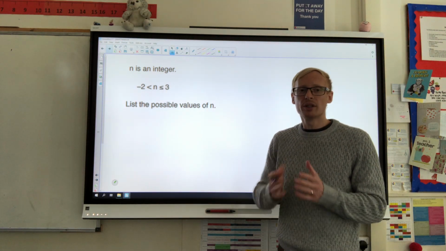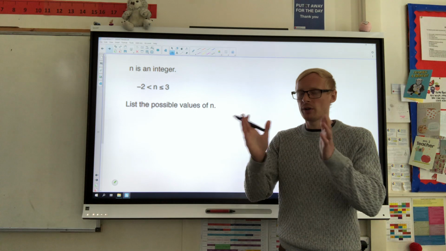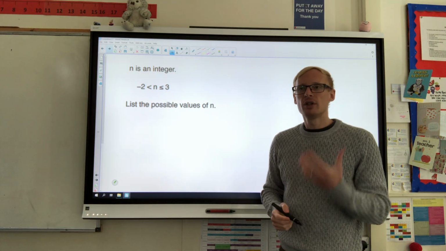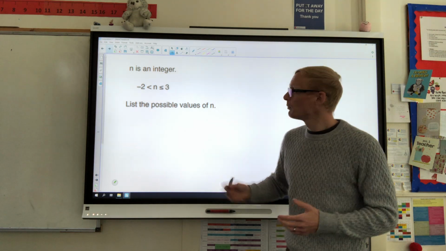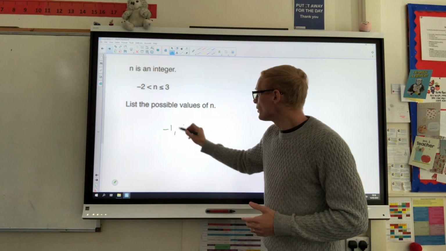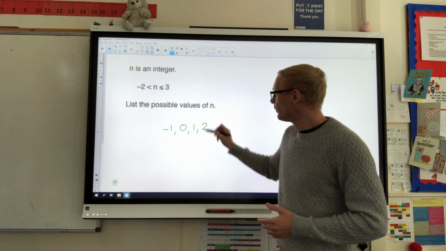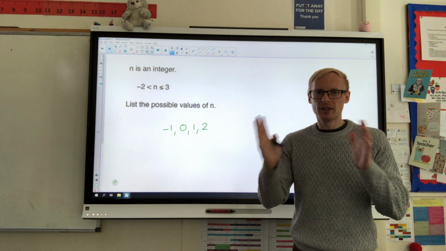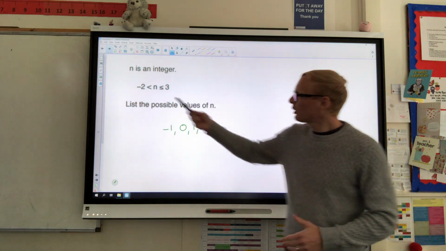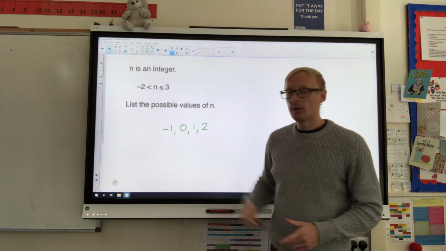And if you wanted to, you could display this on a number line quickly and just look at the numbers. But if we try and visualize what we're looking for here, we're looking at the numbers in between -2 and 3. So looking at -1, 0, 1, and 2. Now the only real decision you have to make is at the ends of your inequality, okay? Do I include -2? Do I include 3?